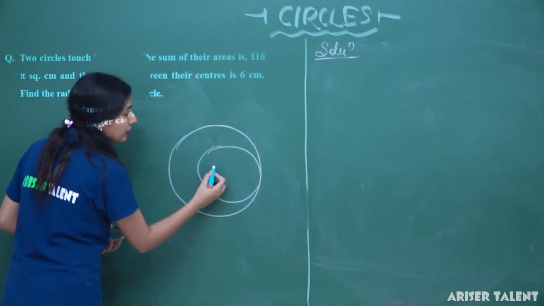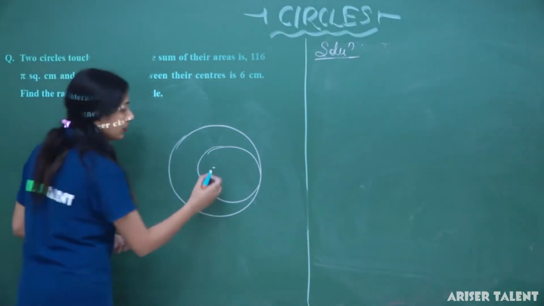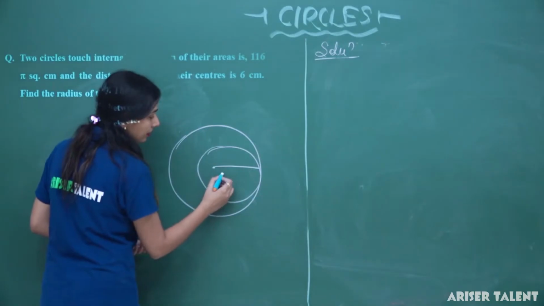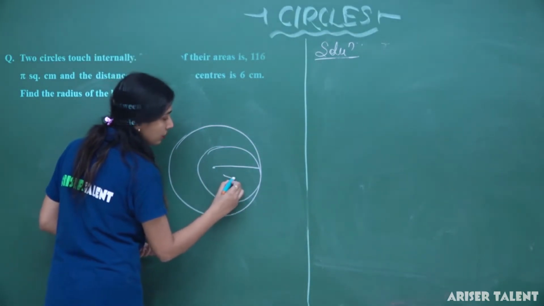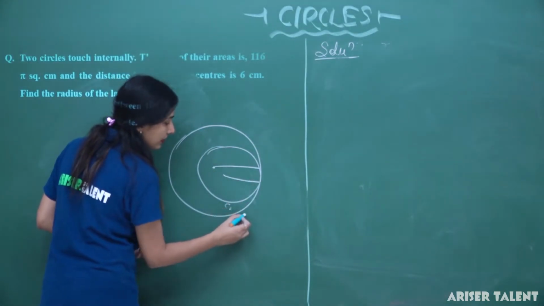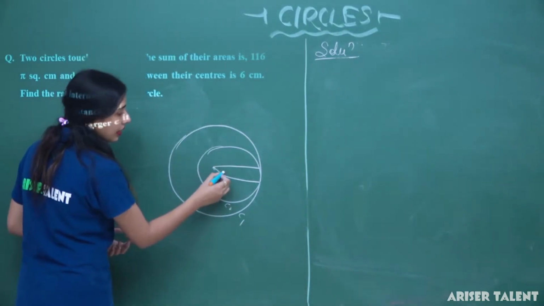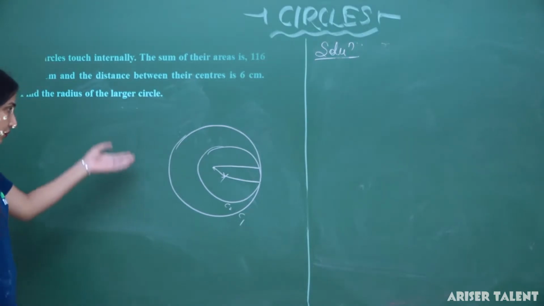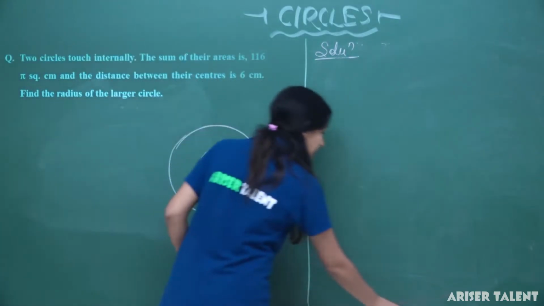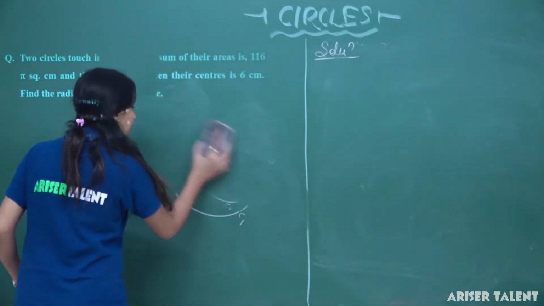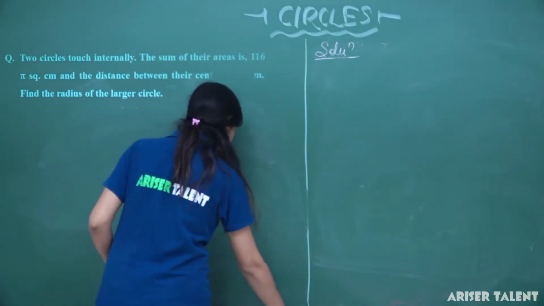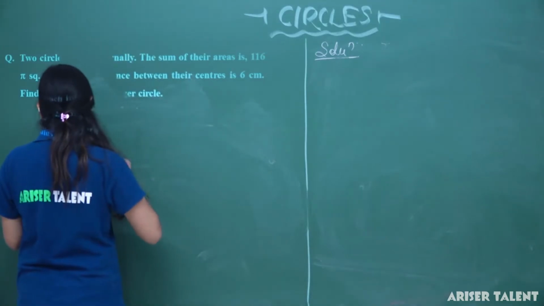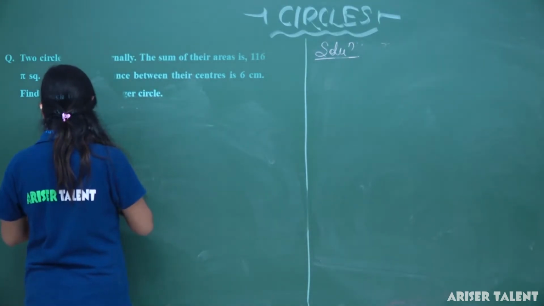Let's suppose this is the radius of the first circle, C1, and this is the radius of the second circle, C2. Now I have drawn some line here.